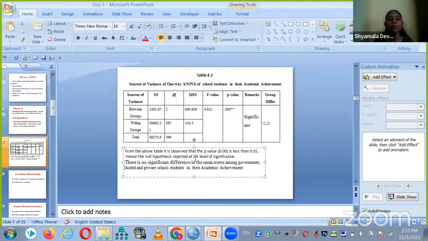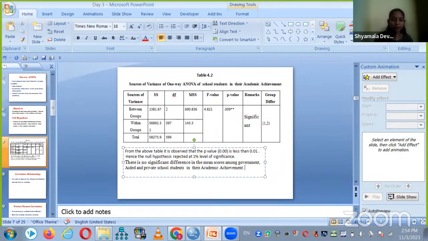So from the above table, it is observed that the p-value is less than 0.01. Hence, the null hypothesis is rejected at 1% level of significance. So there is no significant difference in the mean scores among government, aided, private school students in their academic achievement.